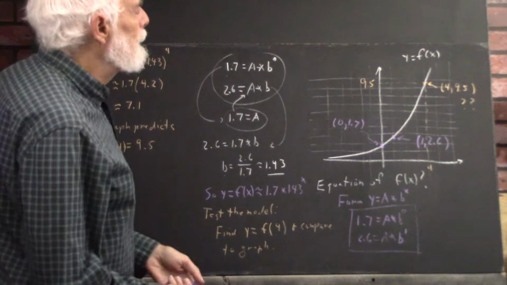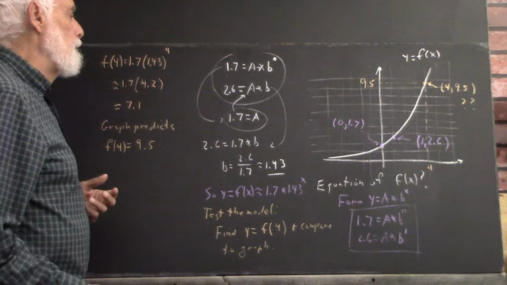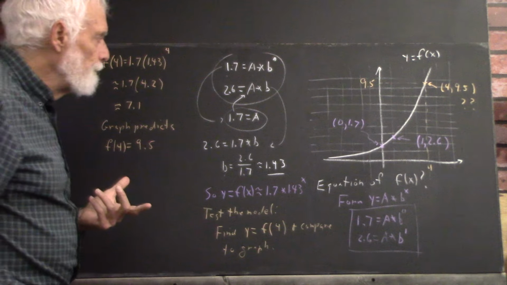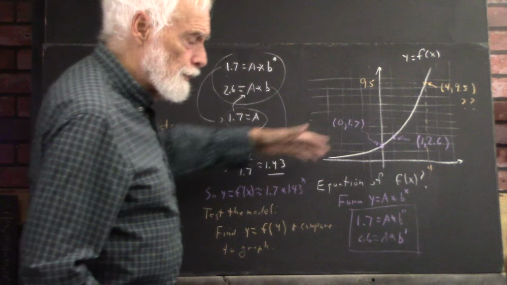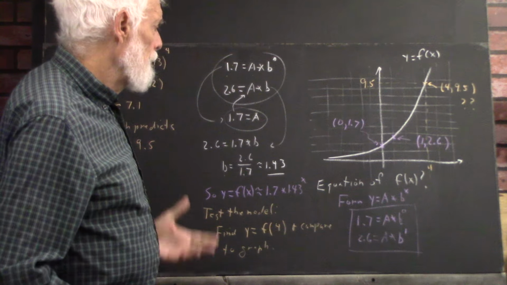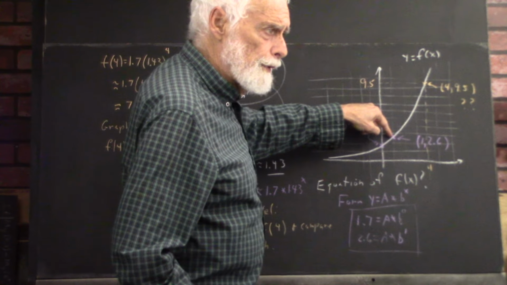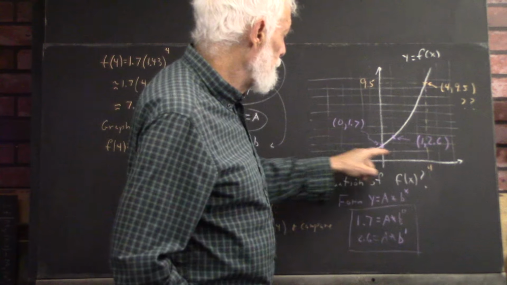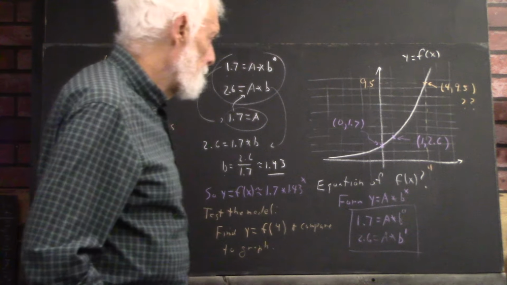Okay, so it looks like one of two things. Maybe my graph doesn't really have the shape of an exponential function. And maybe I just didn't do a very good job of estimating these points. If I was off just a little bit in estimating these points, that could throw this model off a whole lot.